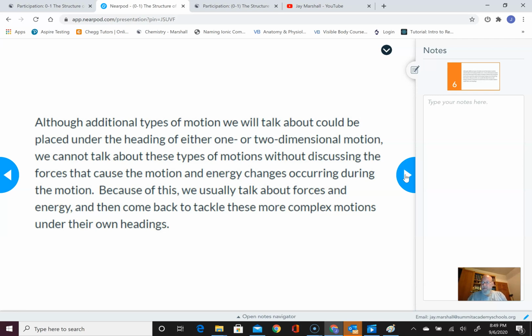These are motions that are still translational, but we can't really talk about them without knowing something about forces that cause them. So we'll have to go and talk about forces that cause these types of motions, and then we'll come back and talk about those other kinds of motions. So because of this, we'll usually talk about forces and energy, and then come back to tackle these more complex motions.